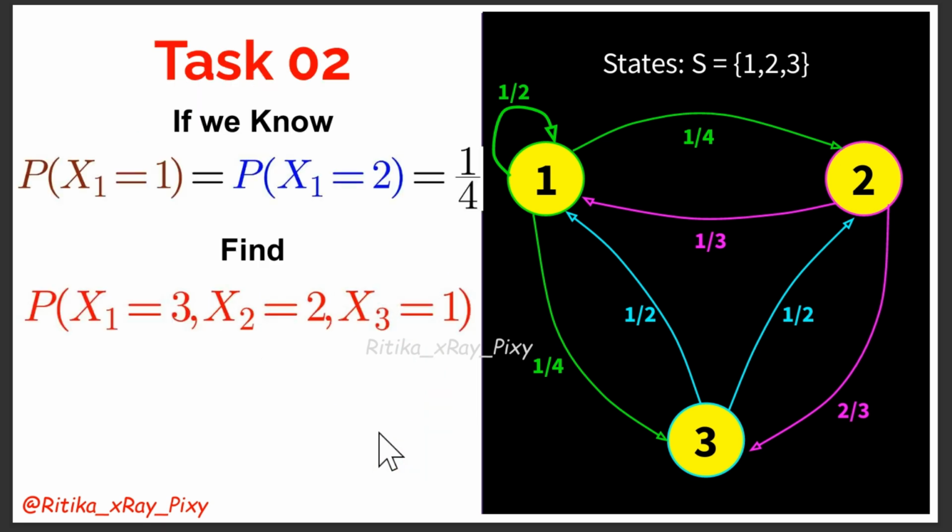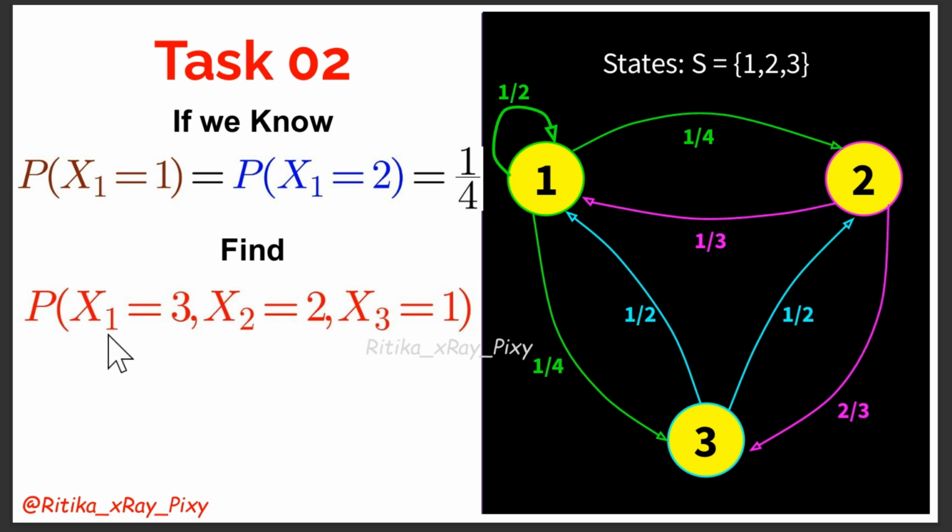Now the next task. We are given that the probability of X1 equal to 1 is equal to the probability of X1 equal to 2, which is 1/4. So we are given a specific probability distribution at time X1, that is the initial probability, and we are asked to compute a joint probability over multiple time steps.